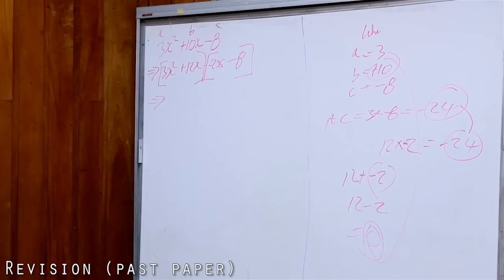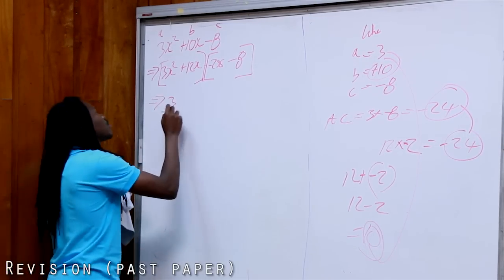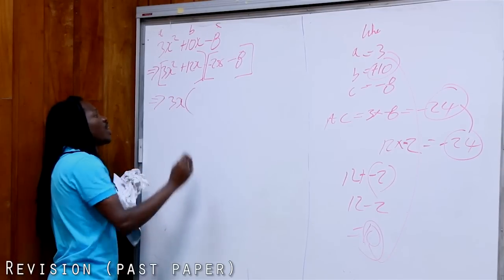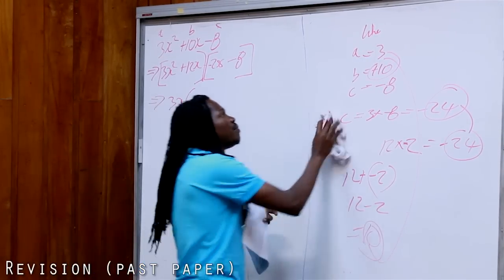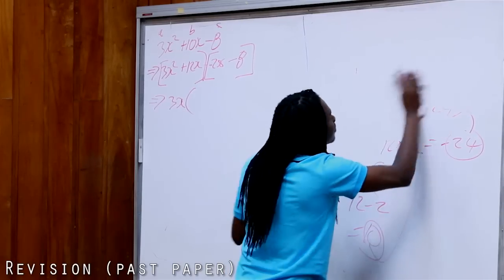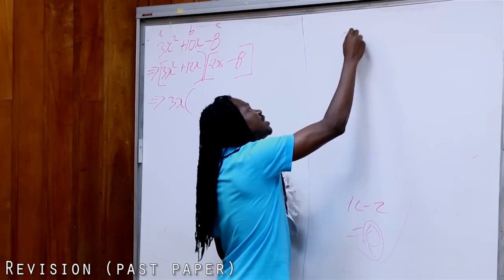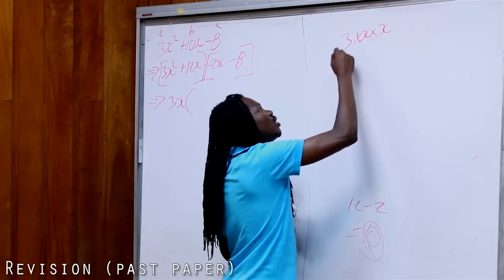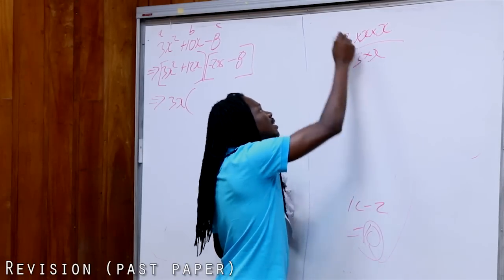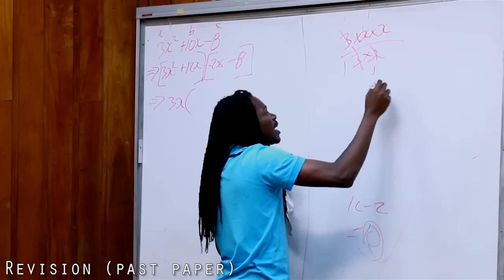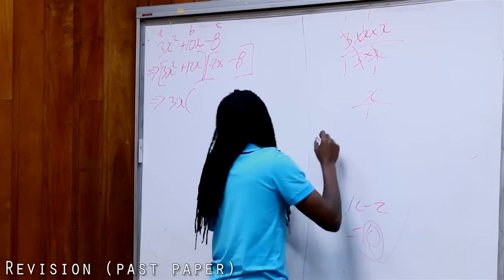What number is common to 3 and 12? What letter is common? So we're going to divide 3x squared by 3x. 3x squared is 3 times x times x over 3 times x. 1, 1, 1, 1. 1 times x gives x over 1.